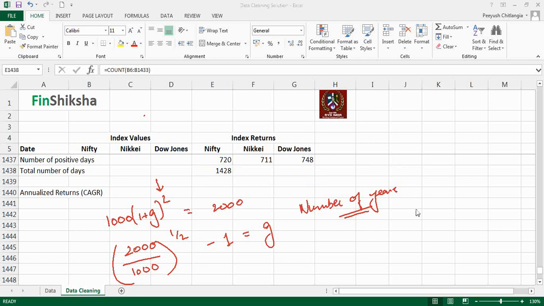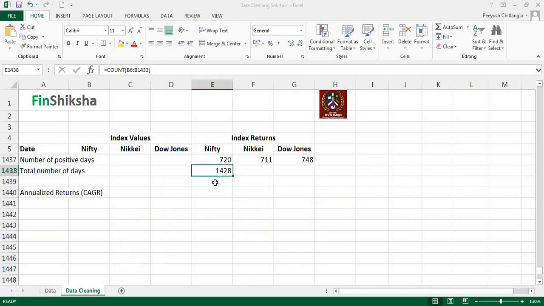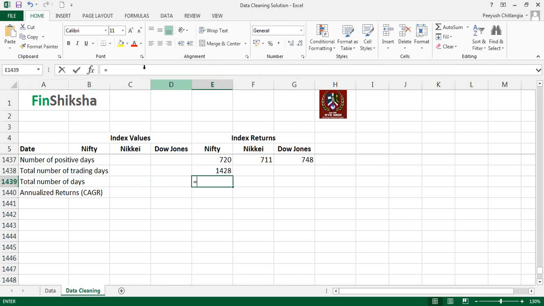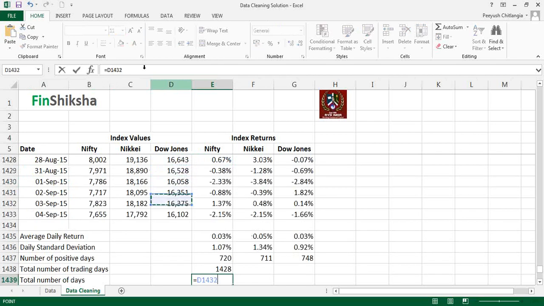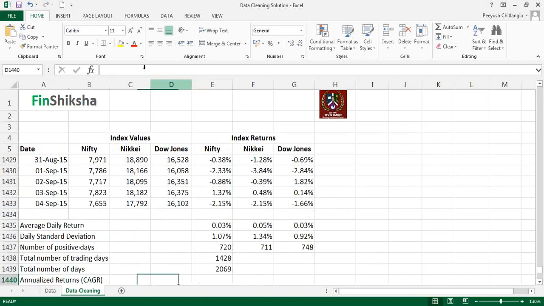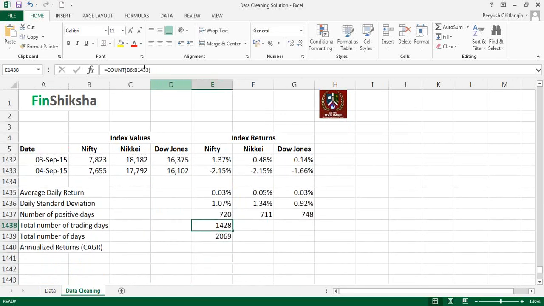We will have to find out the total number of days during the period, so let's put total number of trading days as this data, and then total number of days will be nothing but the last date minus the first date, and that's 2069. That's the total number of days that are there.